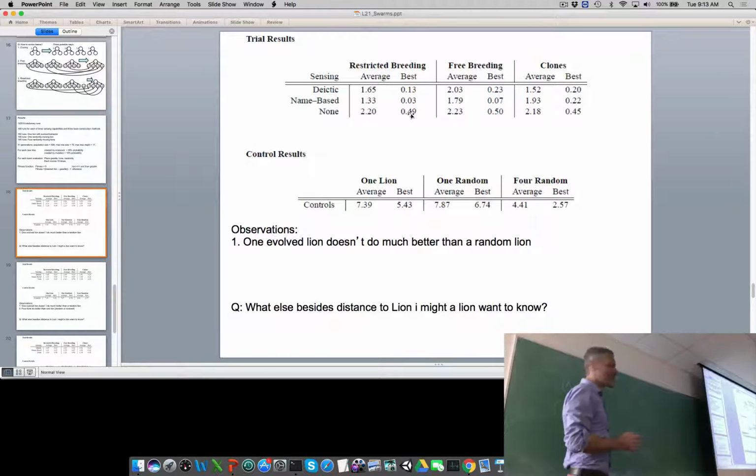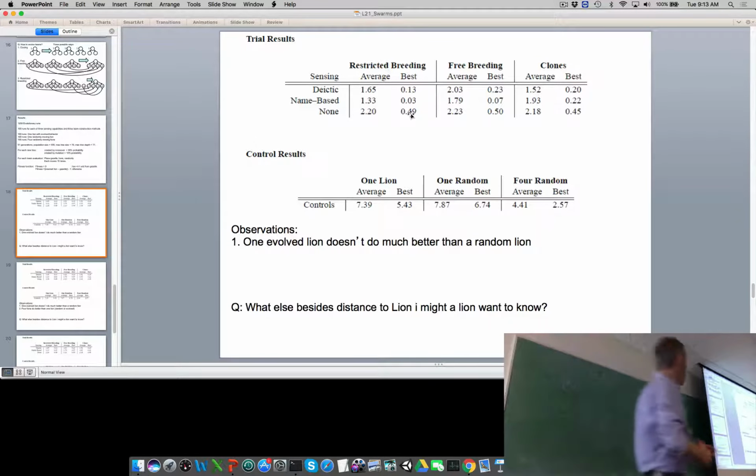If I'm running this, I'm doing something else, right? So this might do well for one or a few of the lions in the pack, but not for the other lions in the pack. We're all being forced to use the same thing. But the clones did better when they were using deictic sensing in this situation.